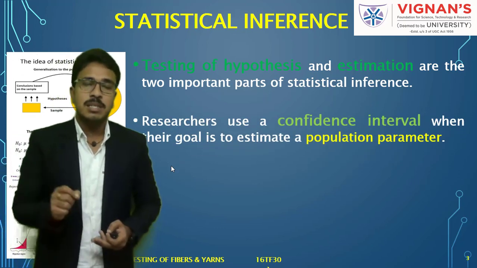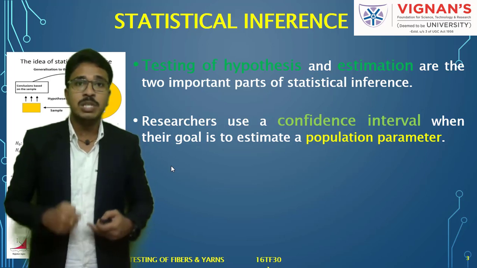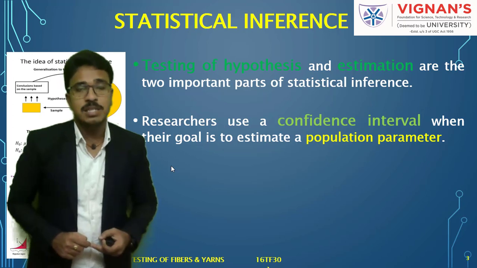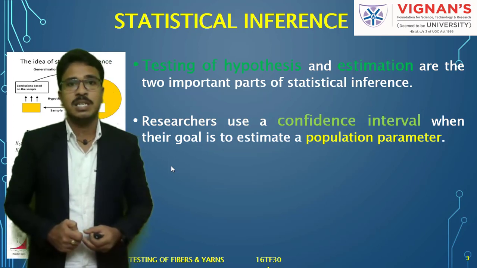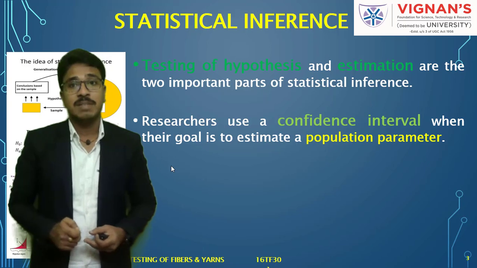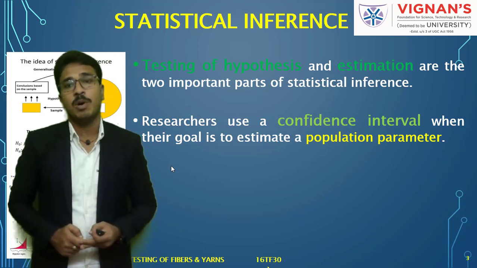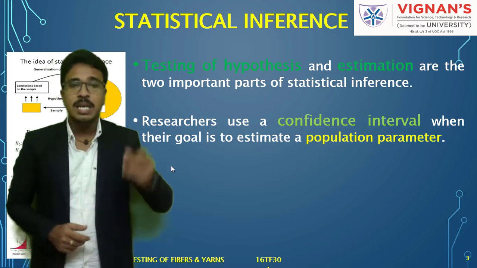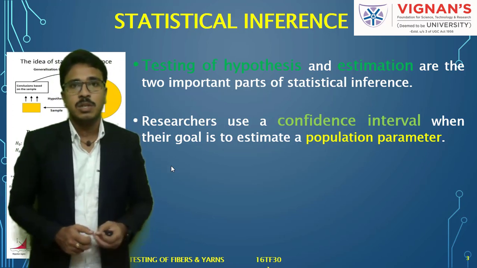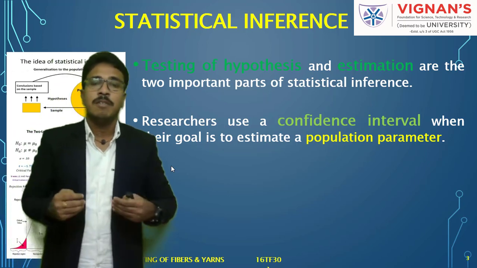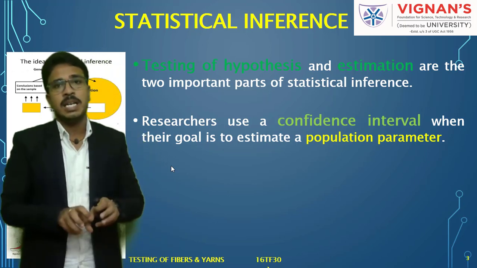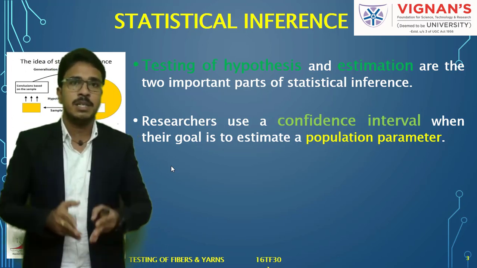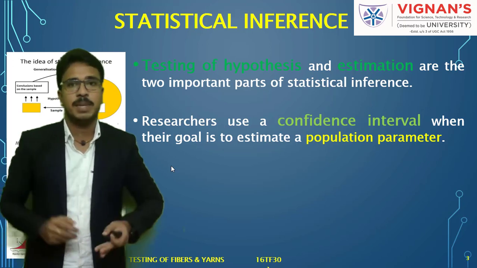Using these statistical inferences, researchers use the confidence interval when their goal is to estimate a population parameter, which we discussed in the last class. A confidence interval means that with some confidence we say the unknown population parameter lies between two limits, a lower limit and an upper limit.